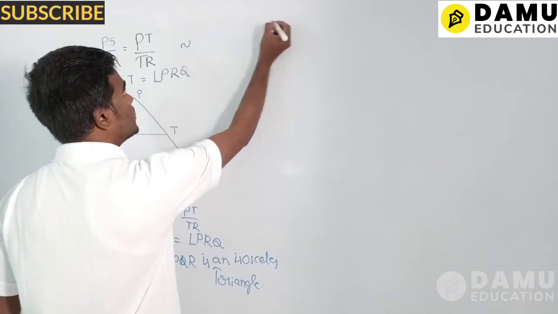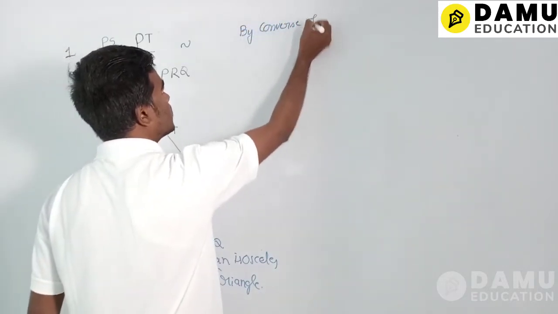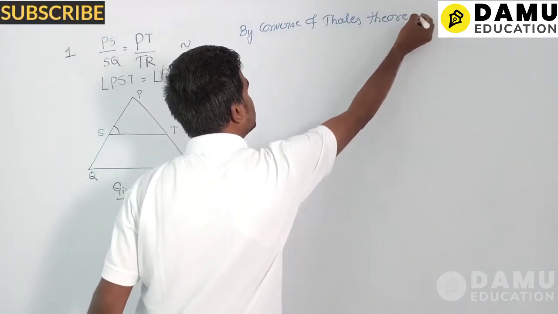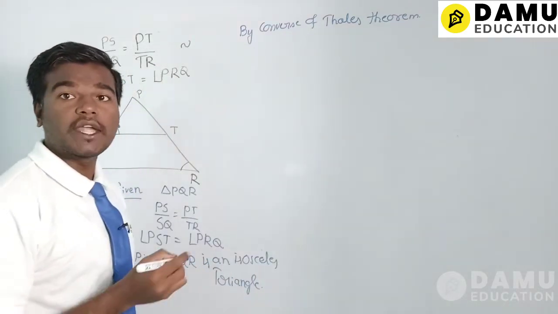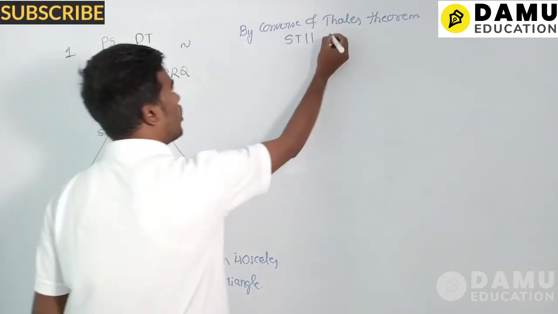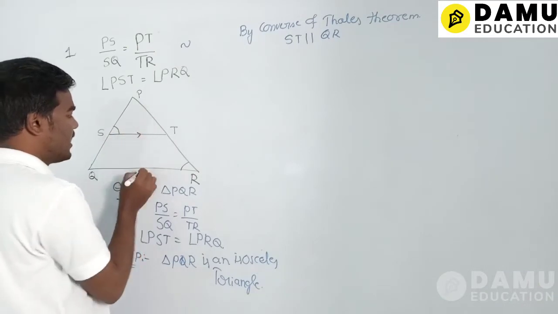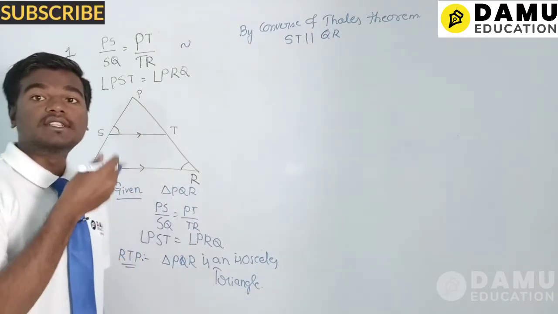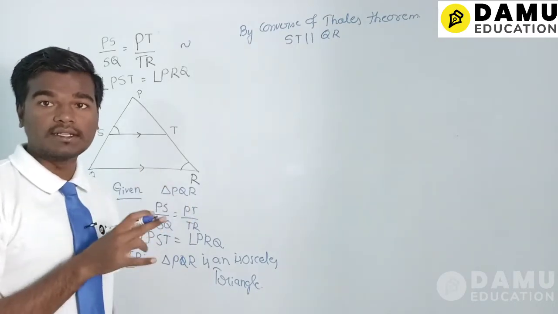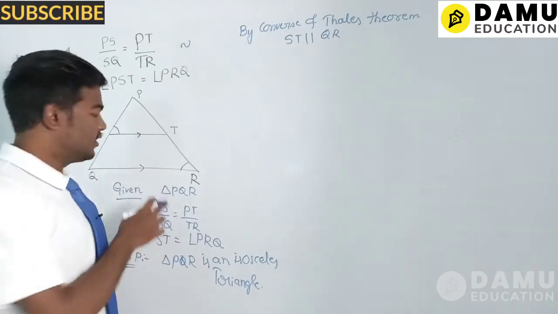So, by the converse of Thales theorem, you can write ST is parallel to QR. So, this line and this line are parallel. Converse means reverse: if any line divides two sides in equal ratios, that line is parallel to the third side.